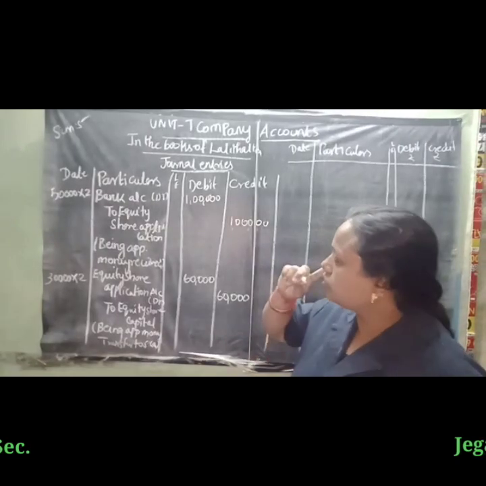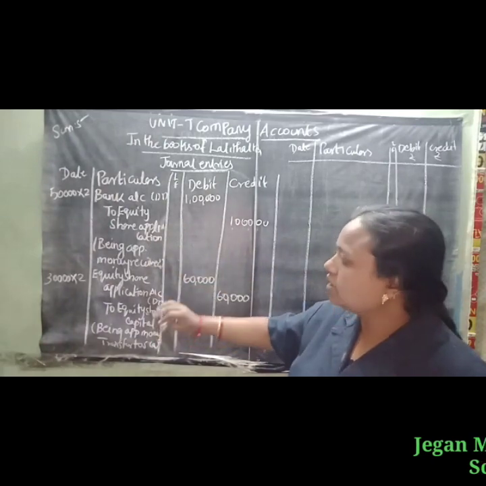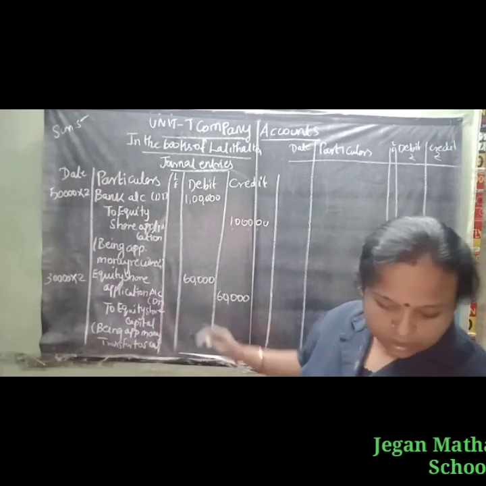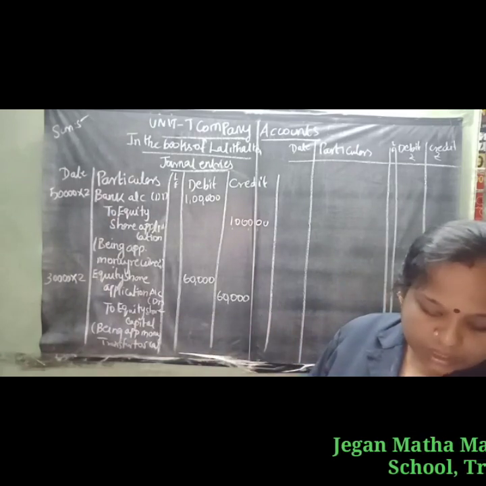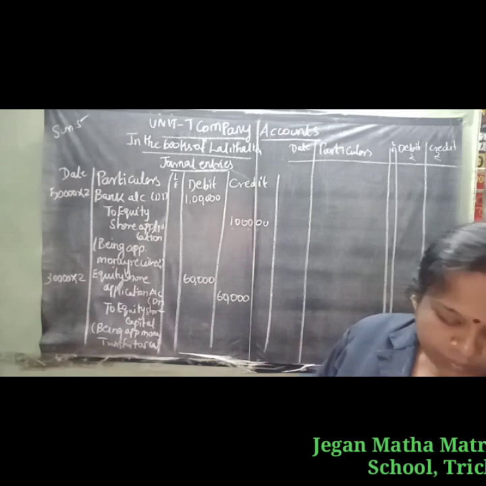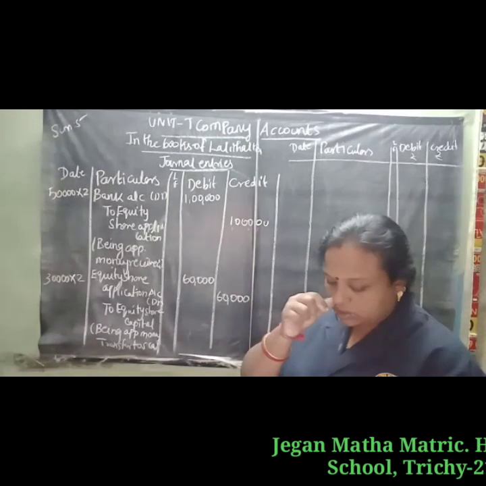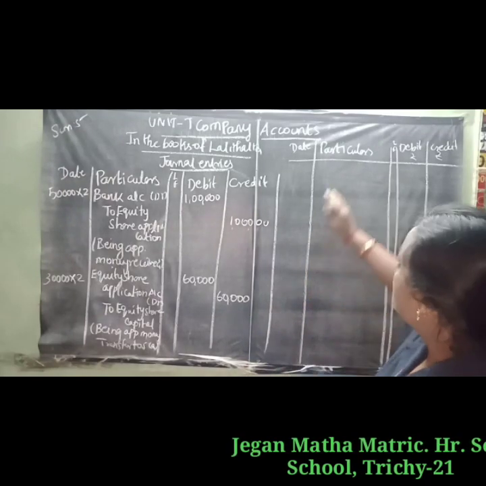So the first entry, application money is received, and the second entry, the application money is transferred to the share capital. And the third one, for shares not allotted, the money received should be refunded. So 5,000 shares are not allotted, so we have to refund the money.